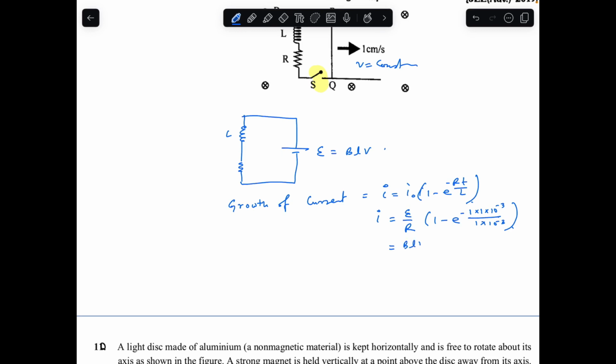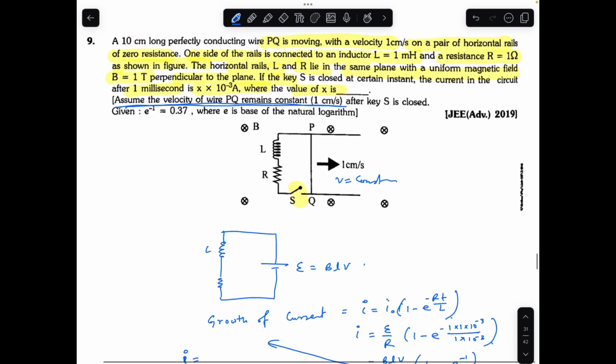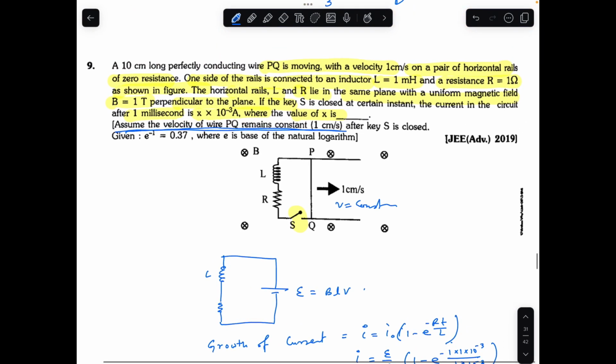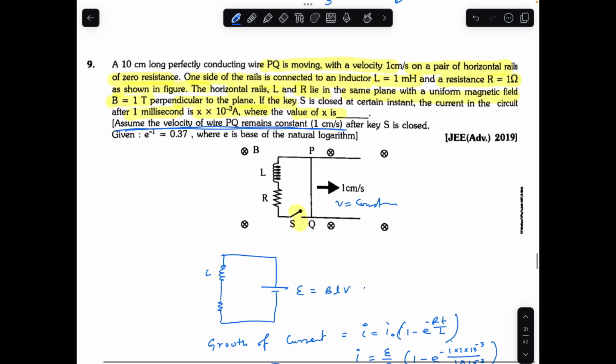So is BLV by R into 1 minus e to the power minus 1. So you get I equal to BLV by R. BLV, B is 1, L is the length.